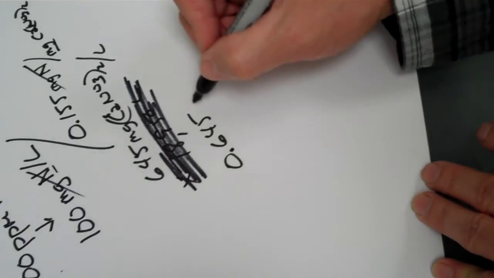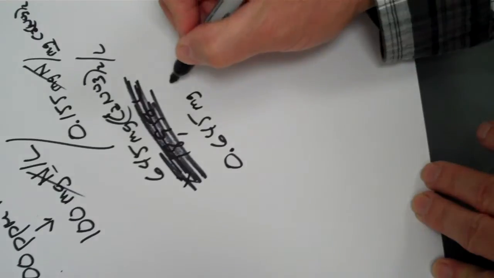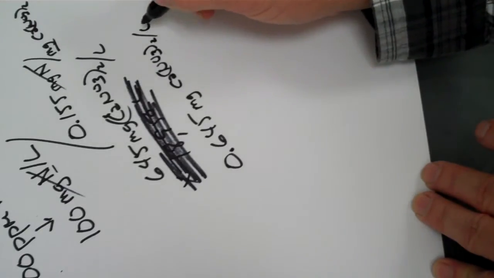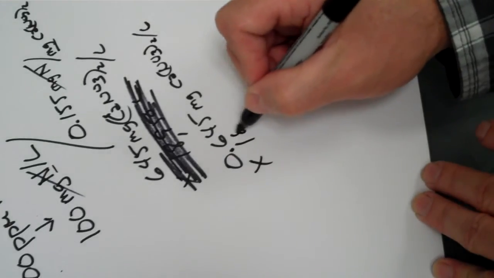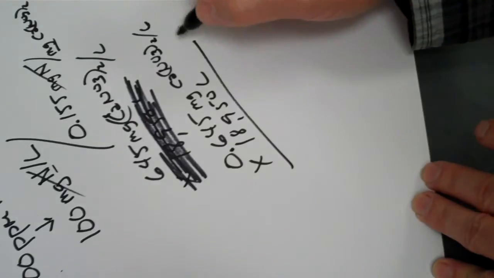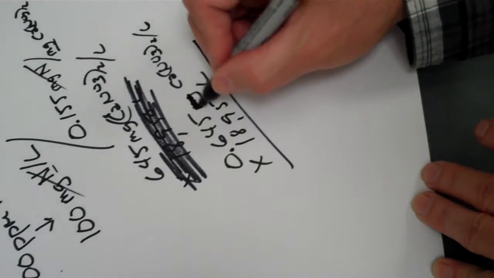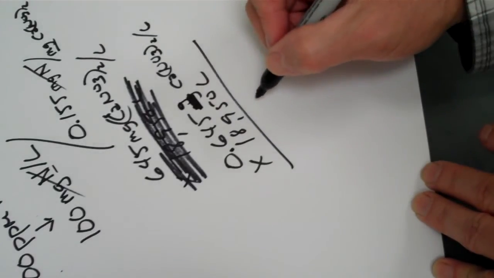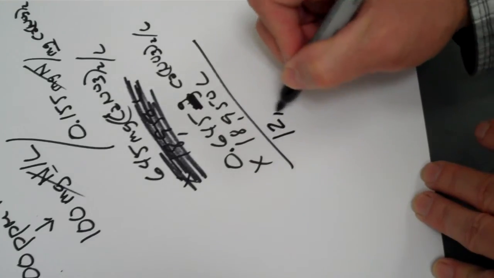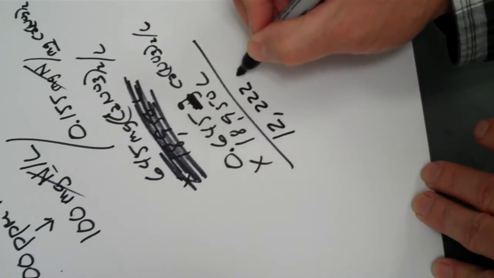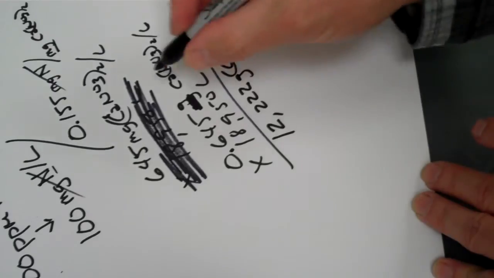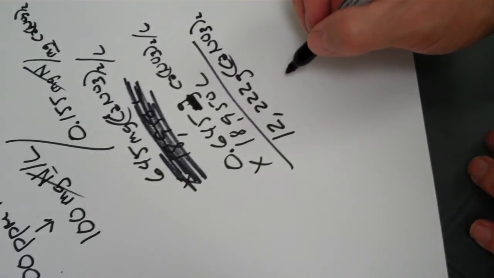So 0.645 grams calcium nitrate per liter, and then times the 18,950 liters, and you'll come away, sorry, that became grams when we divide it by 1,000, and that will come away being 12,222 grams calcium nitrate in that stock tank.